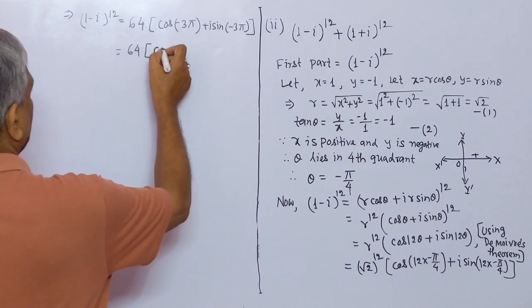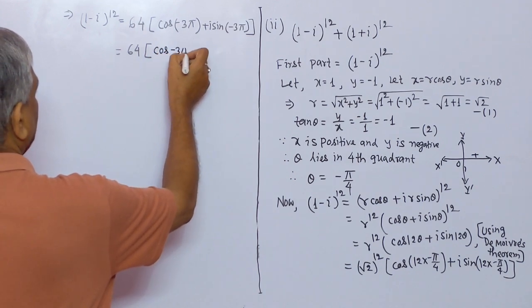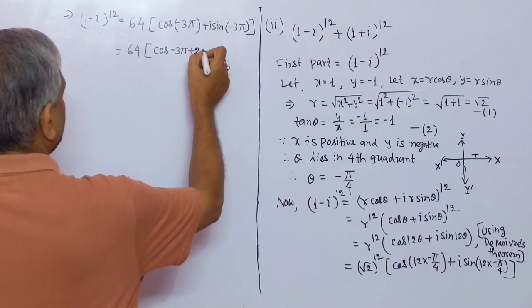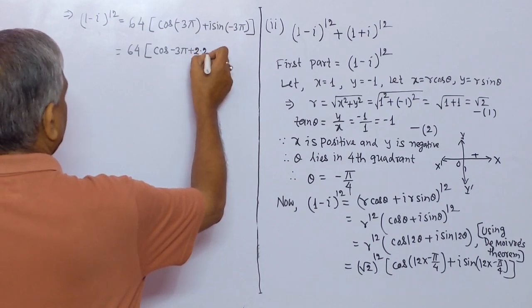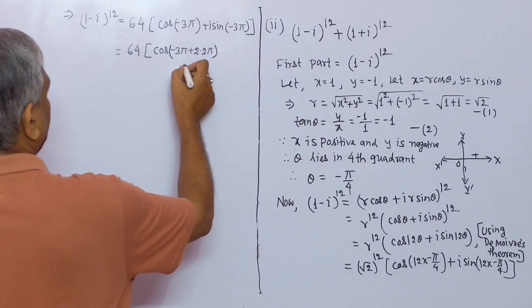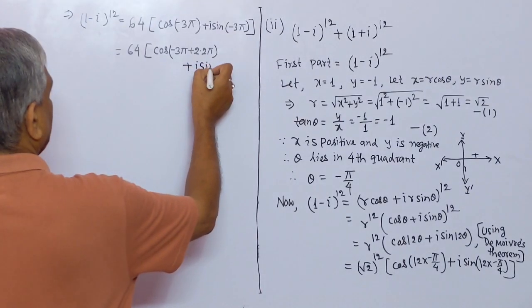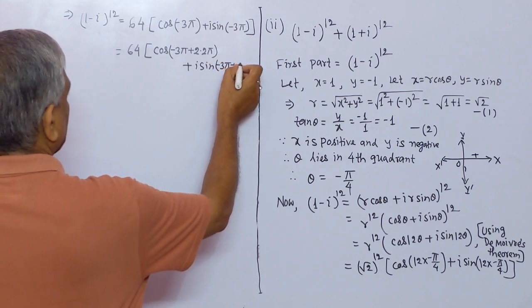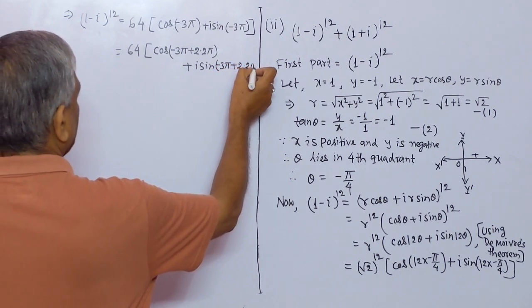We write here cos of (minus 3 pi plus 2 multiplied by 2 pi) plus i sin of (minus 3 pi plus 2 multiplied by 2 pi).